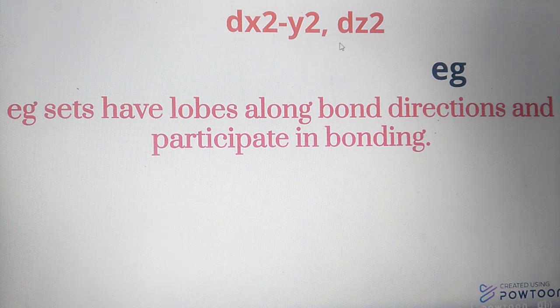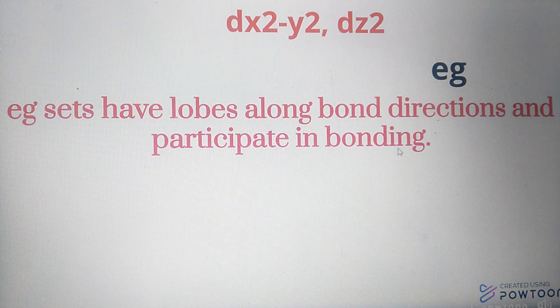These two orbitals of the d subshell are called eg. eg means doubly degenerate group of orbitals. The energy of these two in an octahedral complex becomes high because its lobes are present along the x-axis, and it participates in bonding, and the ligand approaches along the x-axis.